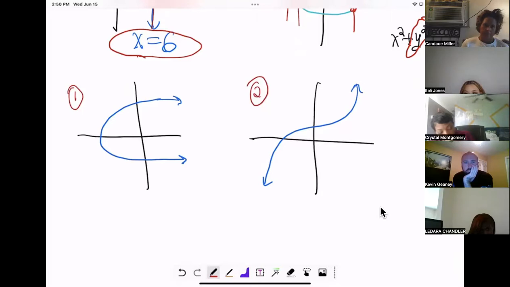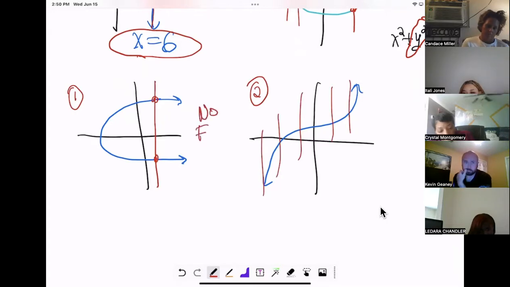Thank you. Number 2, function. And number 1, because either you draw it or you do it in your mind, you're crossing that graph once. And I don't care where you do a vertical line, you're only going to touch it once. So no function. Function.